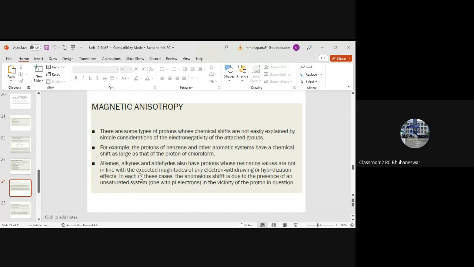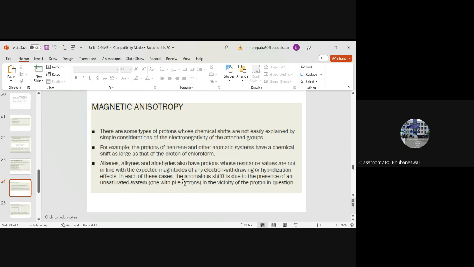And alkenes, alkynes, and aldehydes also have protons whose resonance values are not in line with the expected magnitude of any electron withdrawing or hybridization effect. You must know the expected value, but it may vary depending on its environment and its anisotropic nature.